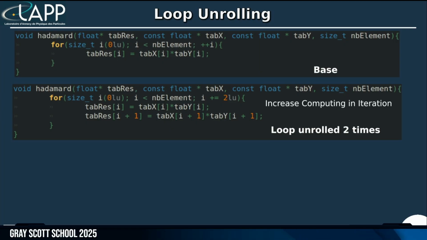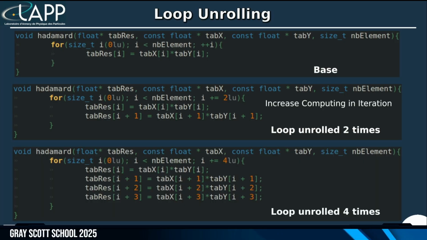So it increases the computing of an iteration, and the compiler can do some optimization. Maybe you can have some part in common between two iterations, so the compiler can say, okay, I can factorize this computation, and when I do the computation, everything will be more efficient in terms of registers, something like that.